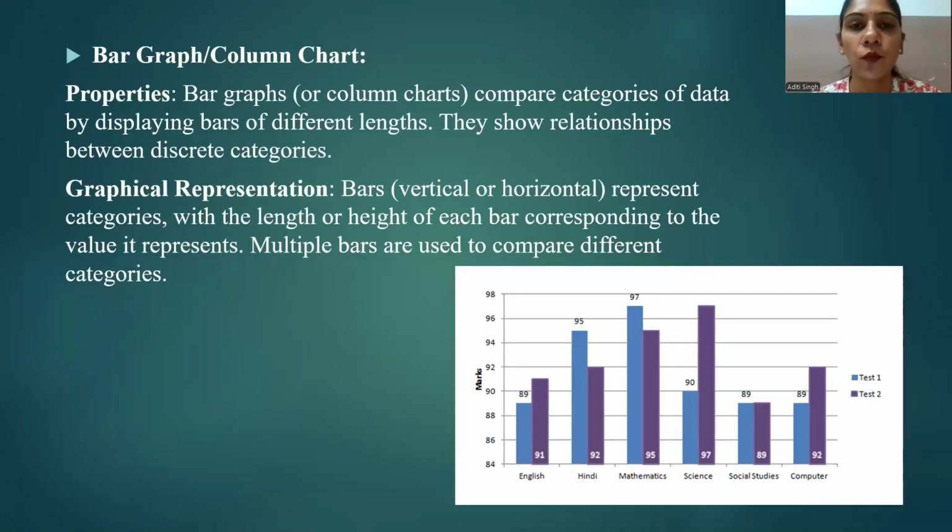Let's understand the advantages and disadvantages of a bar graph. If we talk about the advantages of a bar graph, then a bar graph summarizes a large data set into a simple visual form.